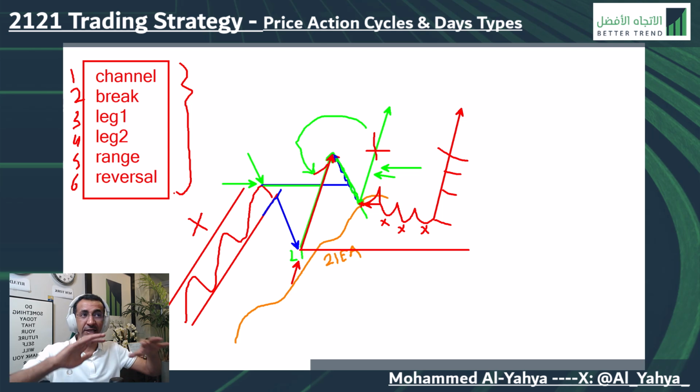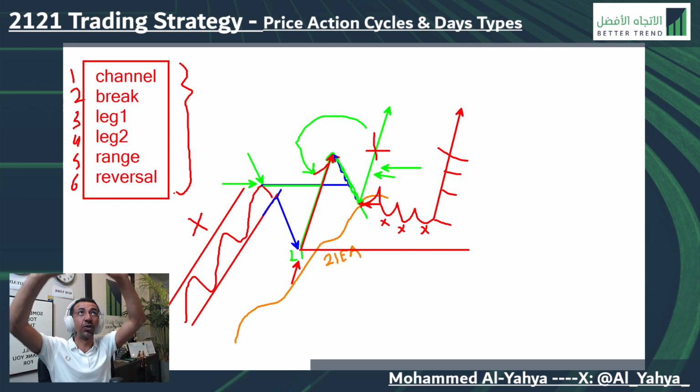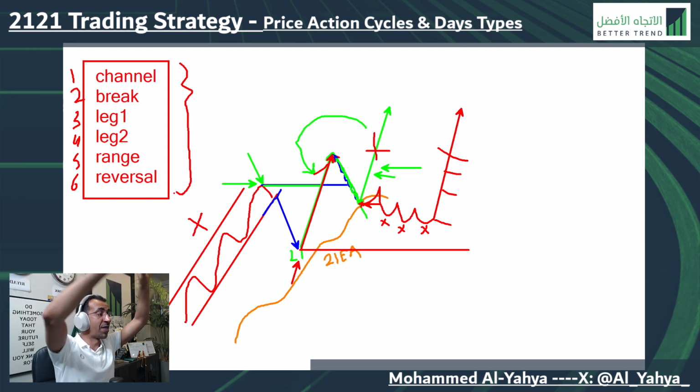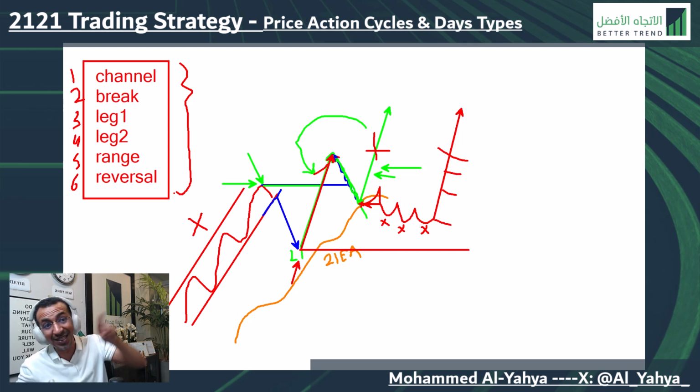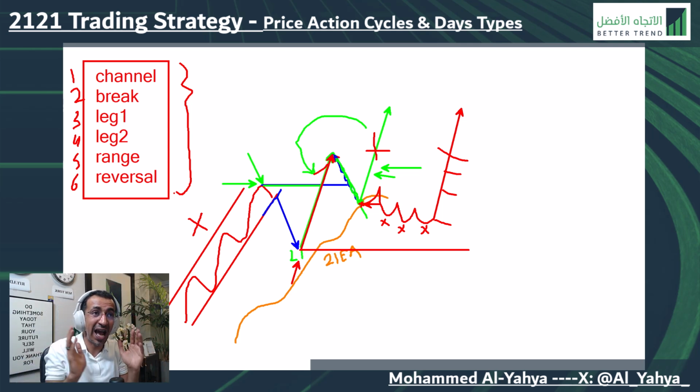It's just like a cycle, like the blood moving in your body, or water coming out of the sea to the sky, making clouds, and then the rain comes back down and the water comes back to the sea again. It's a cycle. It doesn't have to happen exactly the same every time. You don't have a similar channel, similar leg 1 and leg 2, or similar range. They are different, but you're going to recognize them.